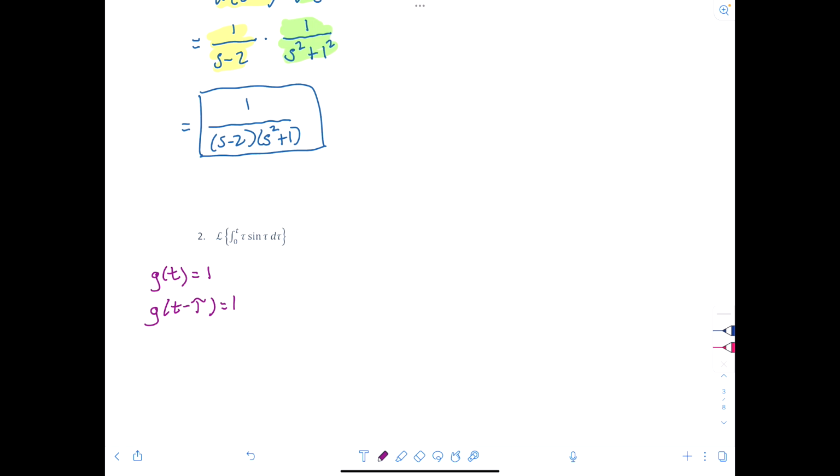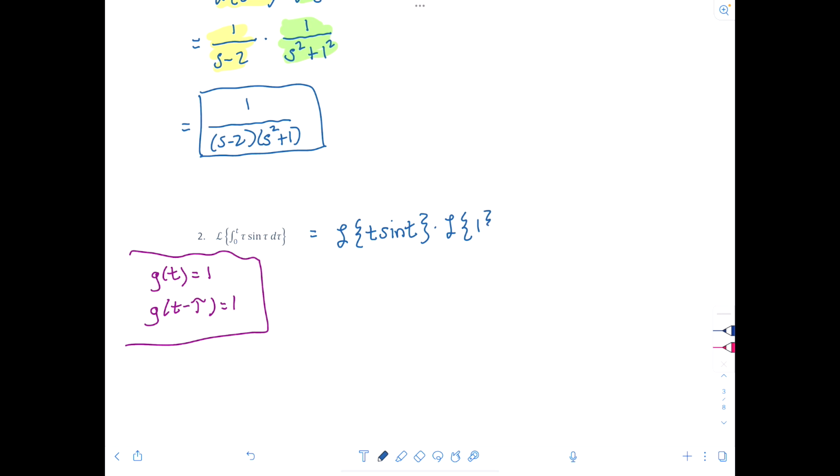Okay, so what will happen is this. We'll end up getting the Laplace transform of t times sine at t times the Laplace transform of 1. We'll go into a little more detail on this soon.